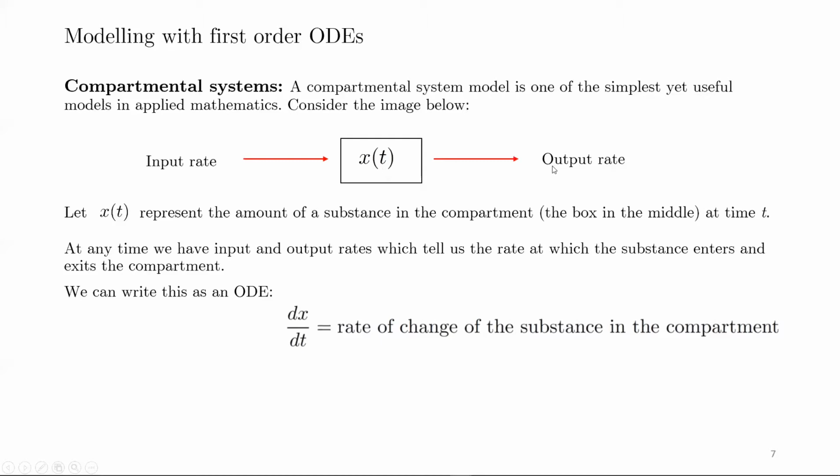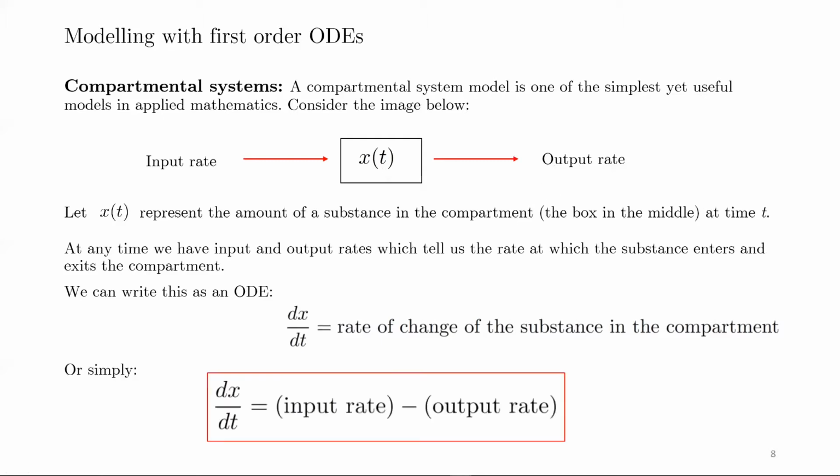So we can simplify this ODE in terms of words. We can say dx by dt, the rate of change of the substance in the compartment, or let's say the pollutant in the river, is equal to the input rate minus the output rate.